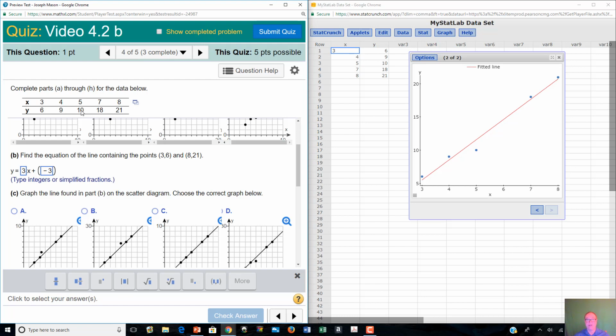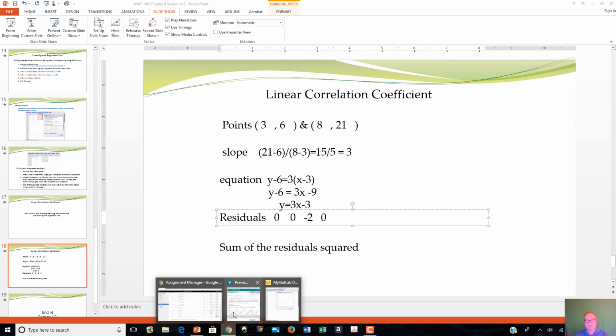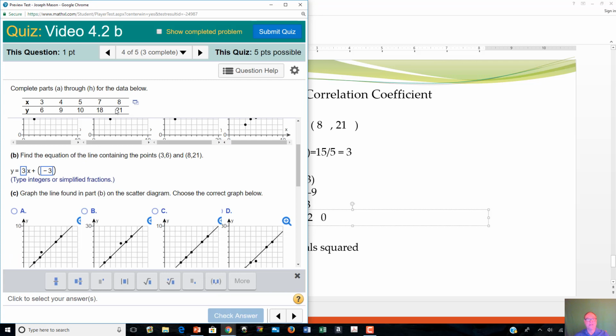So I go back and change that. Okay, 3 times 7 is 21. 21 minus 3 is 18. So that's a 0. So this we said was a negative 2. Next one is 0. And the last one, 3 times 8 is 24. 24 minus 3 is 21. So that's a 0.